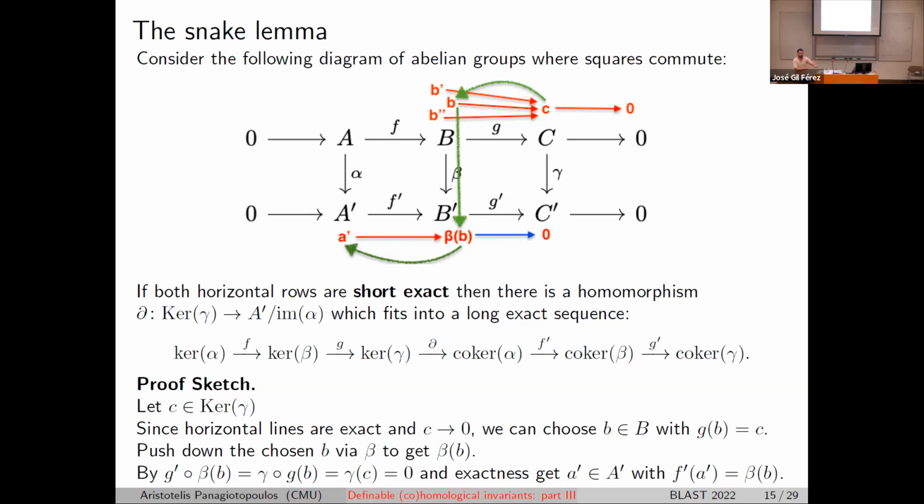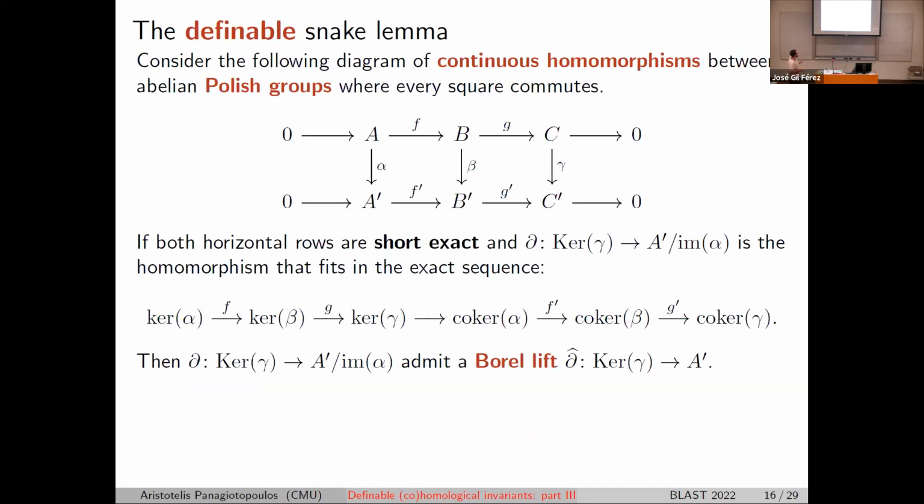You're right. When we go to the quotient, then more care needs to be taken. So here we don't have Borel lifts yet, but you see that this is already starting to look like the first quotient that appears. The lemma is that you can actually do that in a definable way.